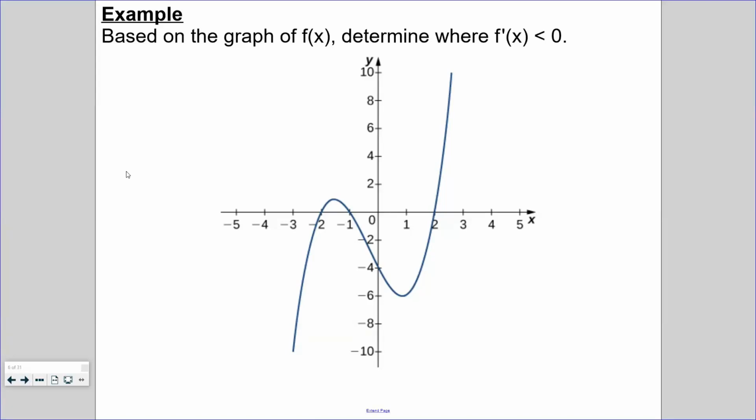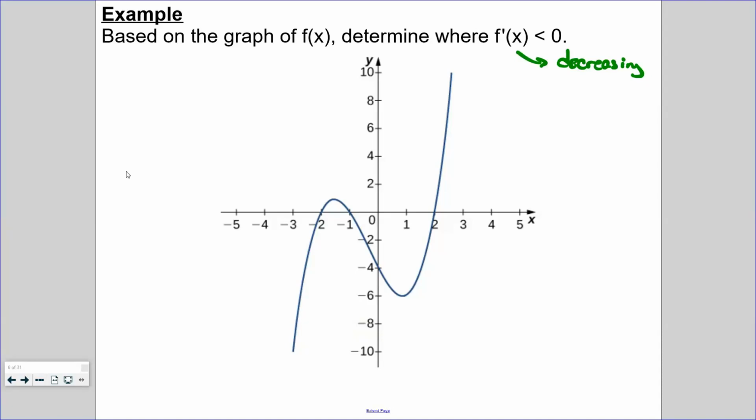All right, so in order to find where a derivative is less than 0, remember, that means we want to figure out when the function is decreasing. And based on our last slide, we know that in order to figure out where a function is decreasing, we first have to start with our critical points.